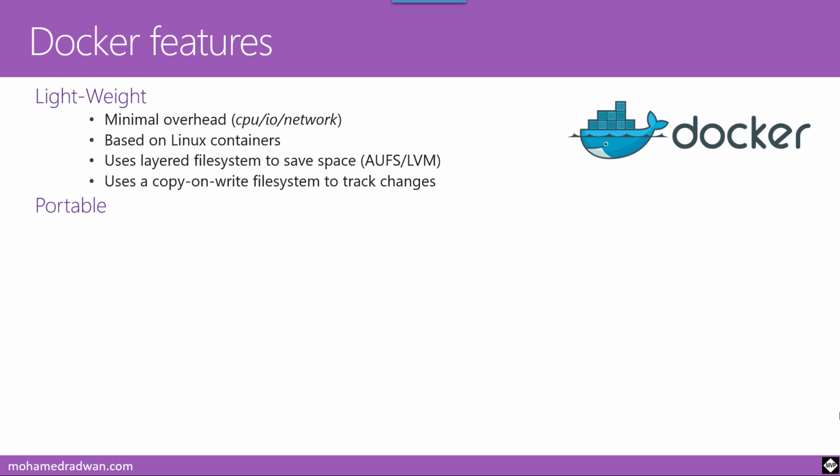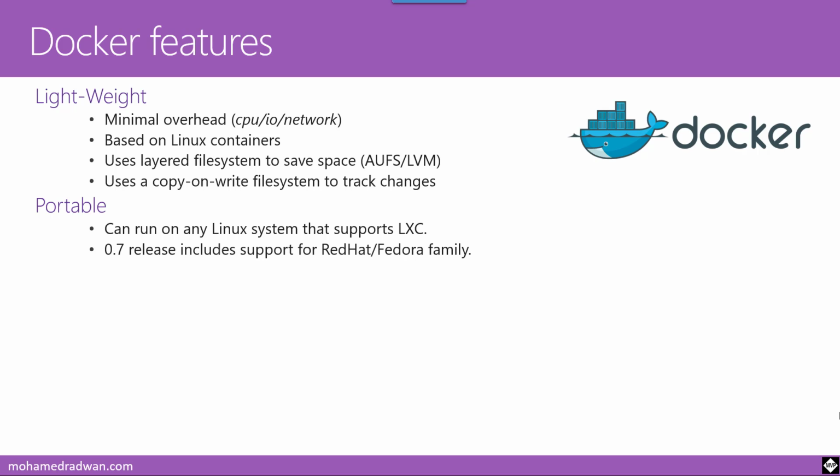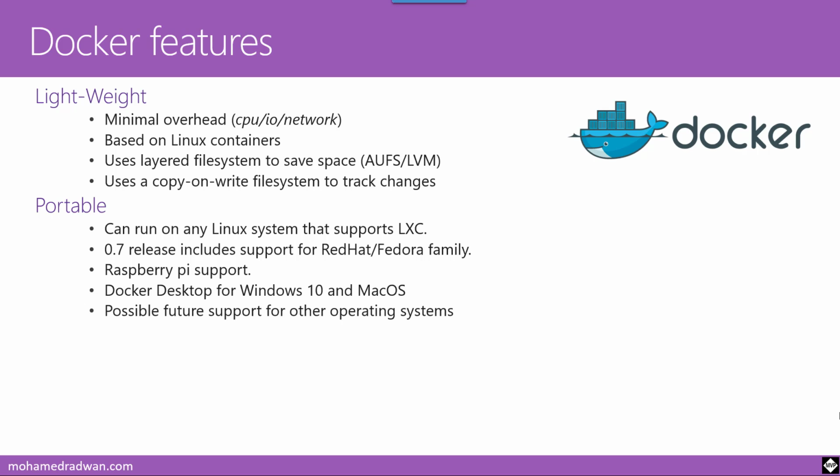Next, portability. As we explained before, it can run on Linux, based on Linux containers. The 0.7 release includes support for the Red Hat Fedora family, Raspberry Pi support, Docker Desktop for Windows and macOS, and possible future support for other new operating systems as well. For self-sufficiency, a Docker container contains everything it needs to run your application: the application, the runtime, the libraries, and everything.